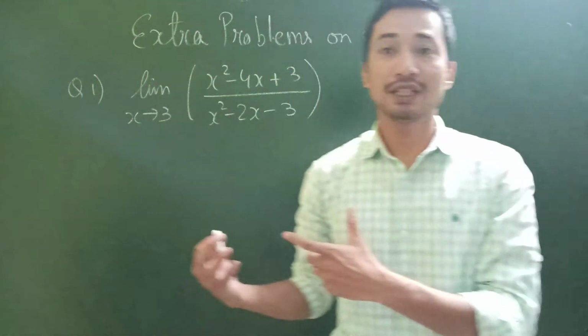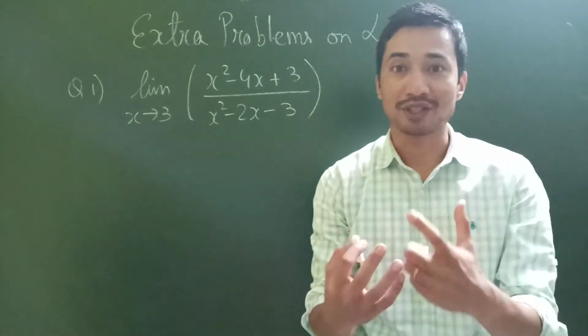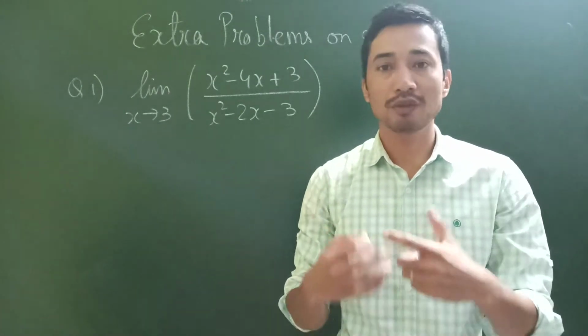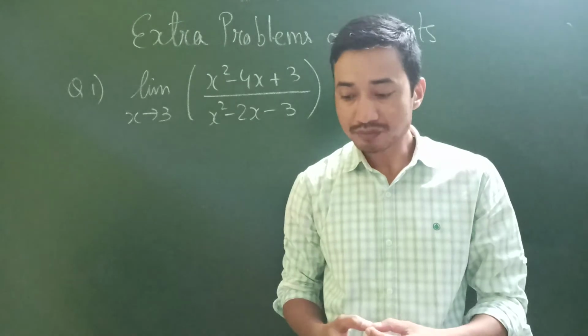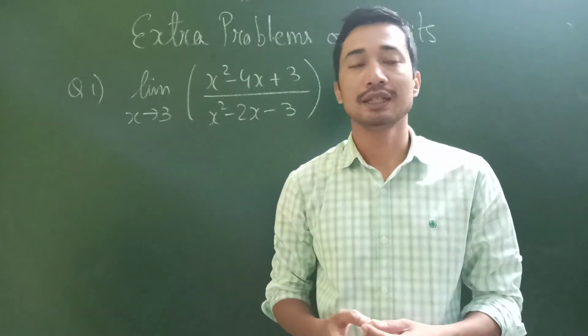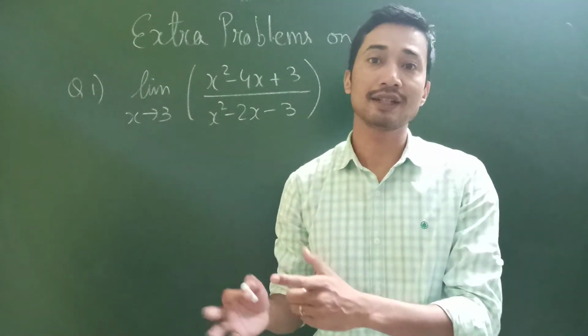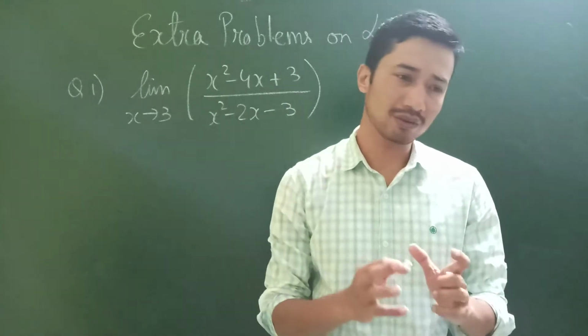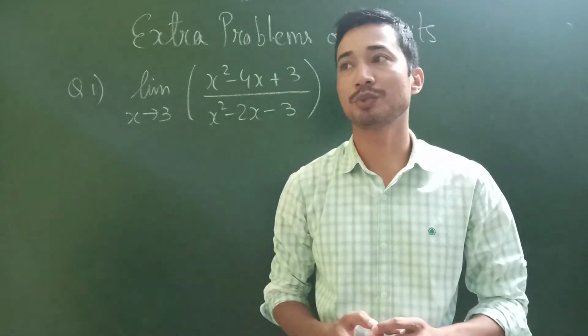So, okay, today in this class, we'll be solving more problems on limits. As we all know, the questions in the NCERT textbook are actually not quite enough for us to practice.